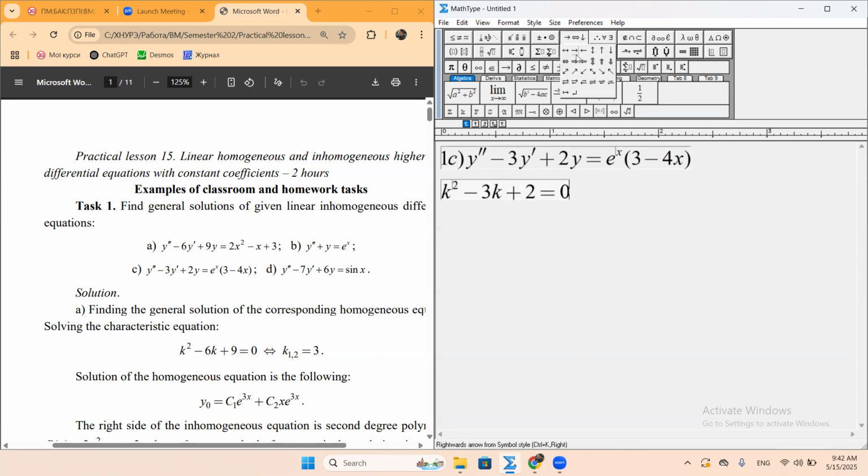Using Vieta's theorem, we can see that the roots are k1 equals 1 and k2 equals 2.